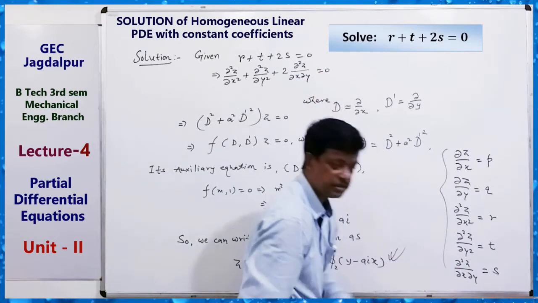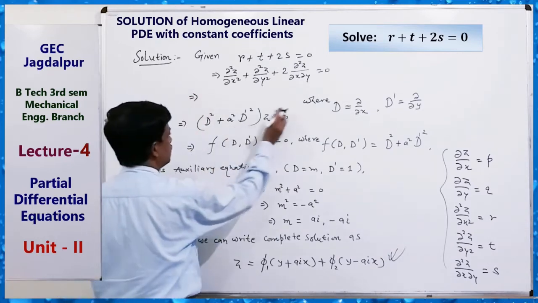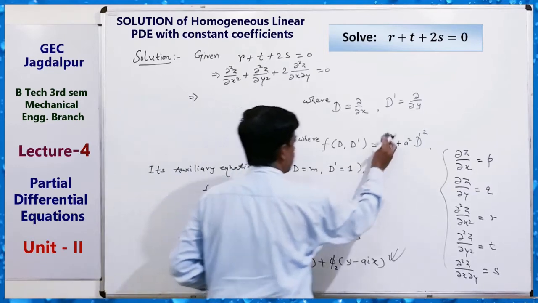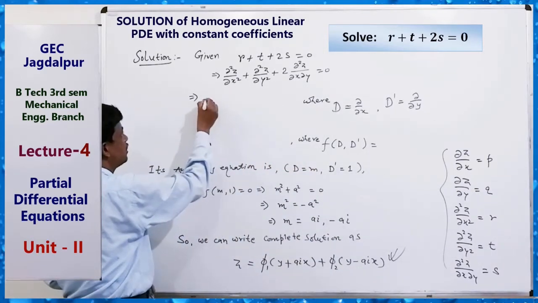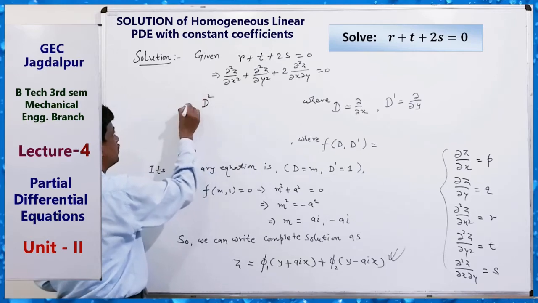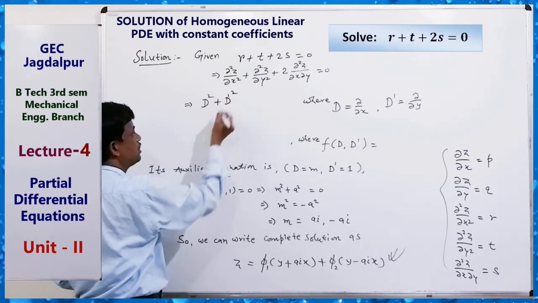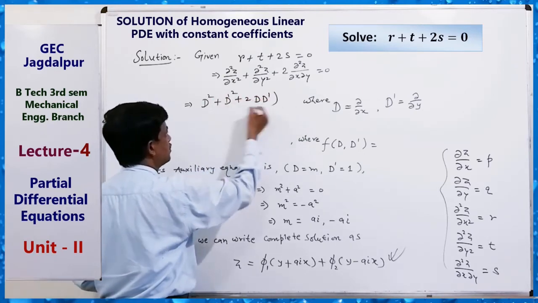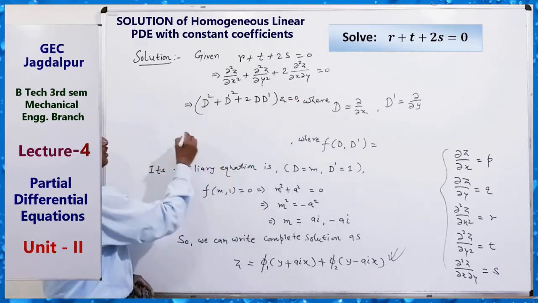This is s. So it can be written as (D² + D'² + 2DD') z equals 0, where D equals this, D' equals this.